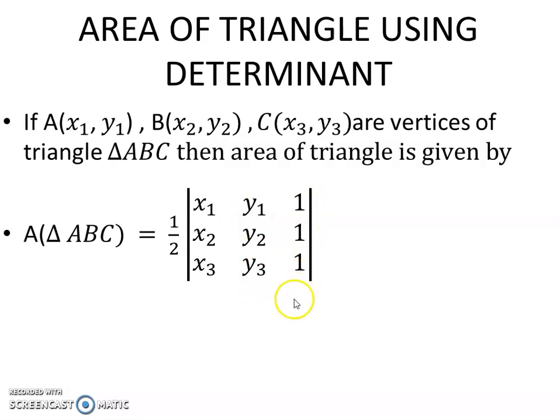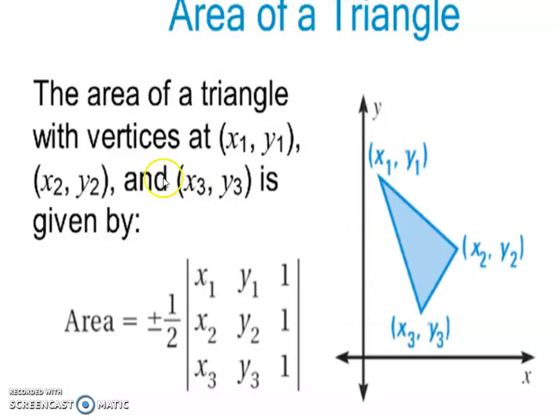If we find the area is negative, there is another important point. If the area of the triangle with vertices at (x1, y1), (x2, y2) and (x3, y3) is given, then the area is defined as plus or minus 1 upon 2 times the determinant.